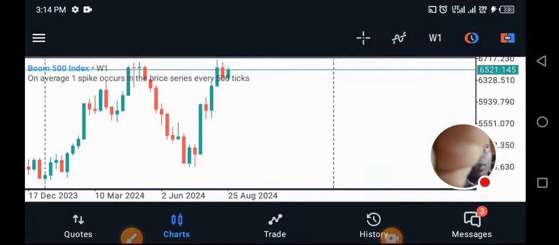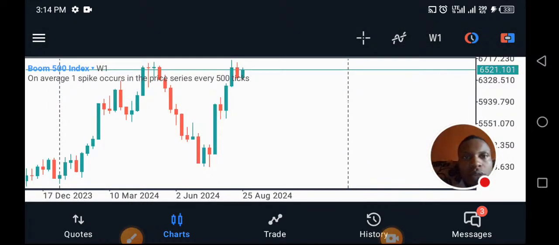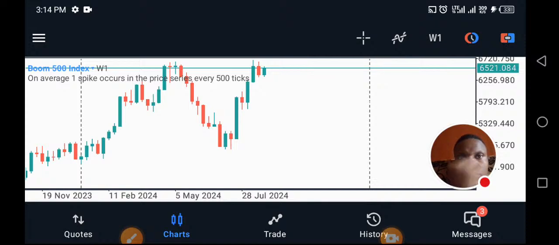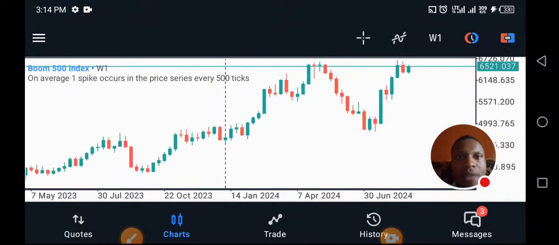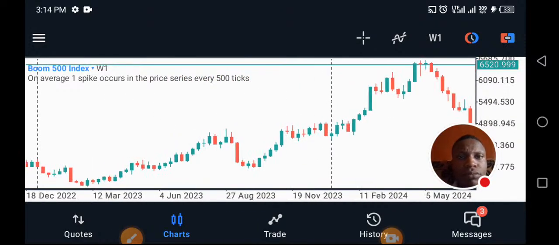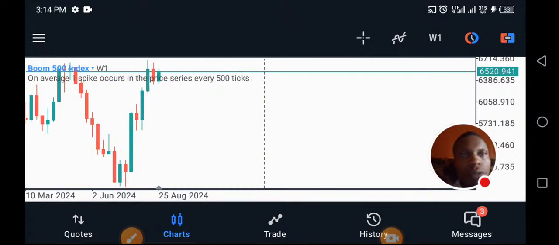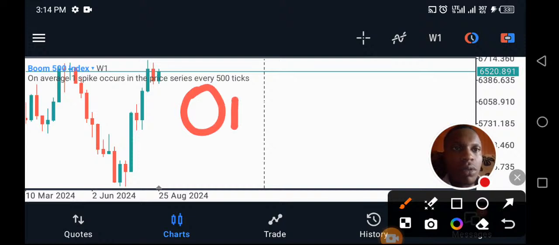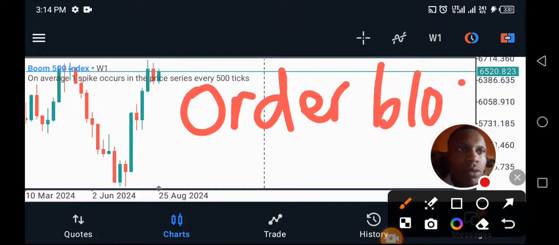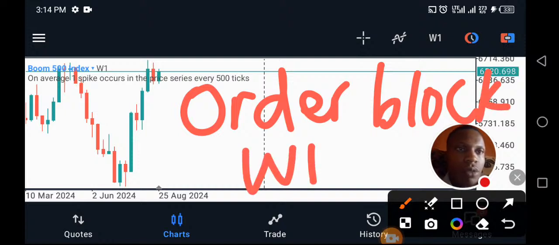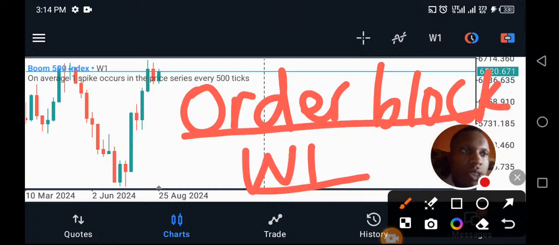So on the weekly time frame now, we are going to be looking at the order block. We'll look at the order block on the weekly time frame.